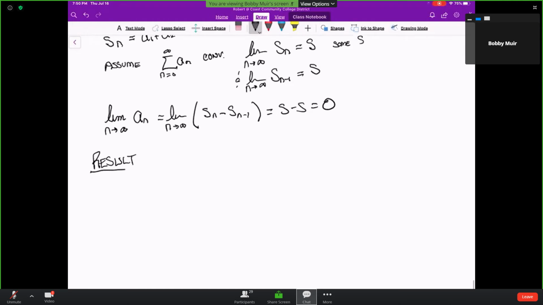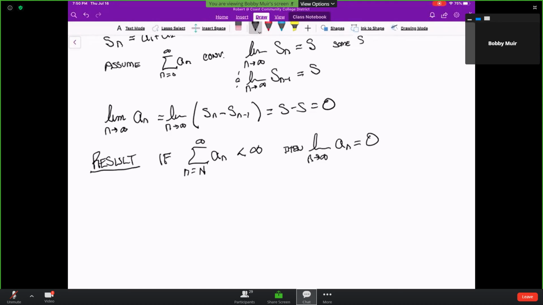Okay, so we have proven the following result, and this is called the criterion for convergence. If the sum of the a_n's going to infinity converges, then the limit as n tends to infinity of the a_n's must equal 0.